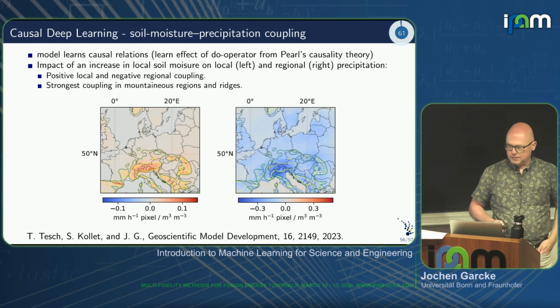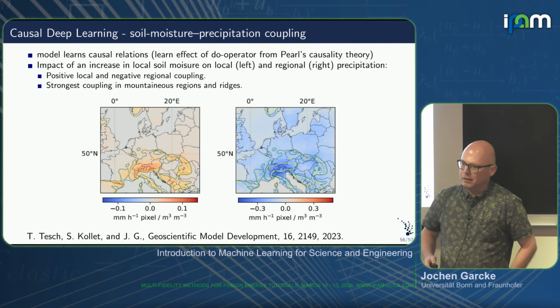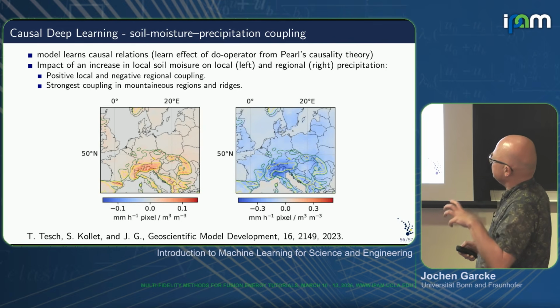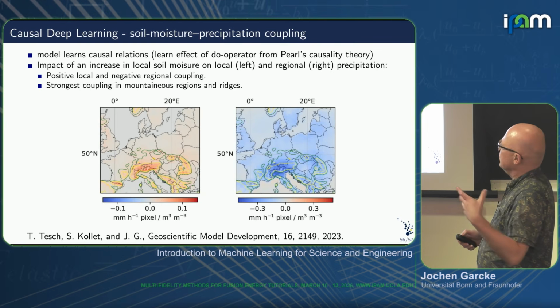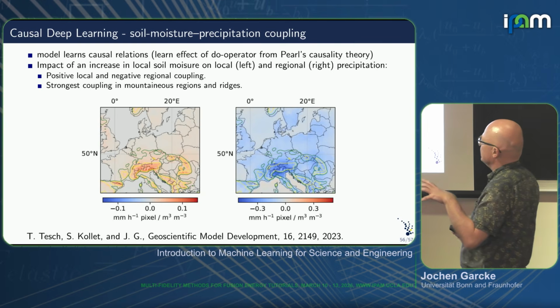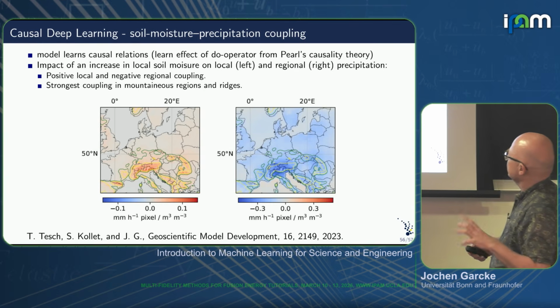And final slide: causal deep learning. In short, we learned causal relations, essentially learning the effect of the so-called do operator from Pearl's causality theory.